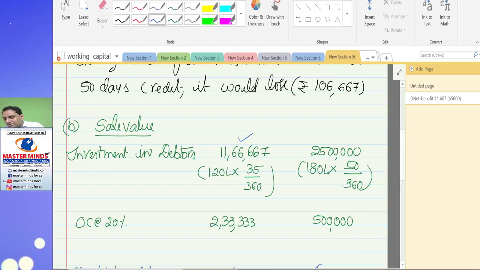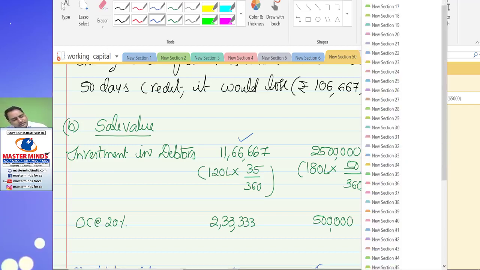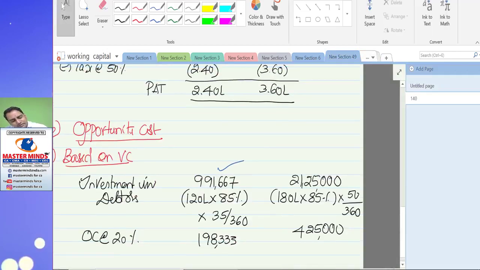If you take 85%, you would get the investment in debtors based on variable cost. So the alternative way is you can compute the investment in debtors at sale value, and then take 85%. Then automatically you would get the investment in debtors based on variable cost.